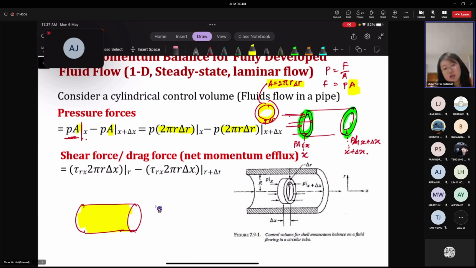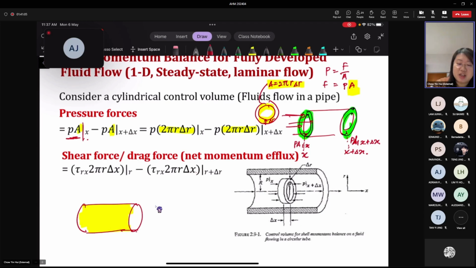Shear stress is where the force acts parallel to a surface. In this case, the shear force is the friction caused by layers of fluid moving past each other, and it acts in the radial direction, because it's a cylindrical body.